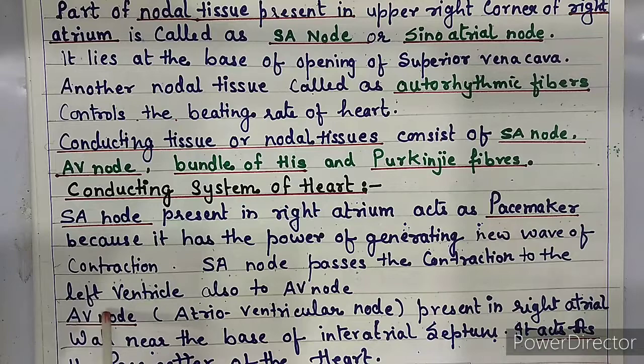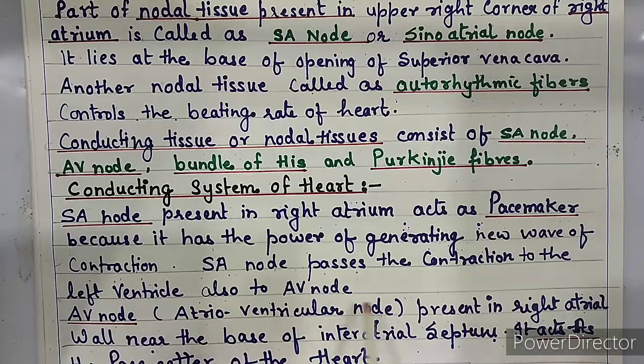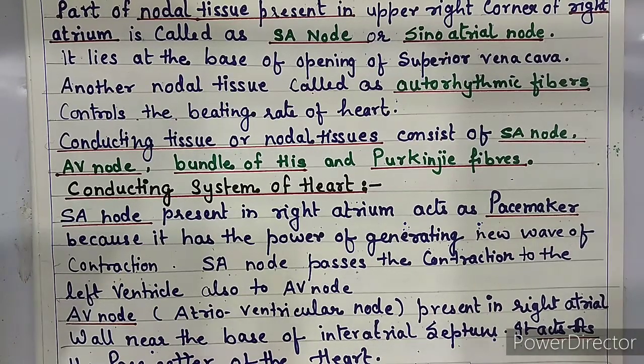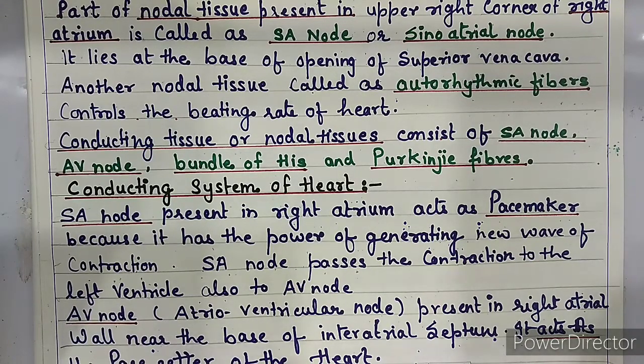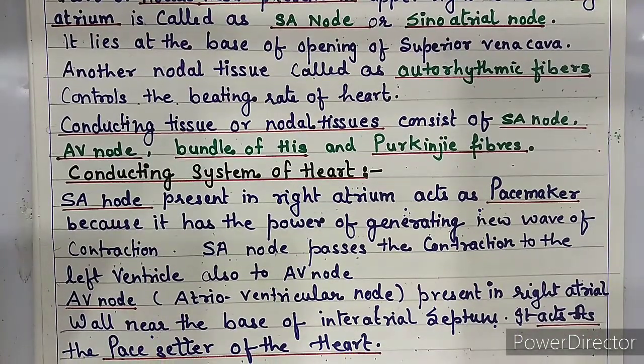Now, what is the role of AV node? AV node, that is atrioventricular node, present in the right atrial wall near the base of the interatrial septum, acts as a pace setter. SA node acts as a pacemaker, whereas AV node acts as the pace setter of the heart.